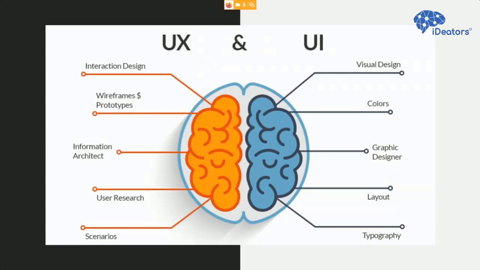So what is UX and UI? You'll always hear these terms, like you have a UX guy and you have a UI guy. UX is about the interaction design: how a person will register on the screen, and after registration, where he'll land up, what messages will be shown to him, what is the next step after registration.